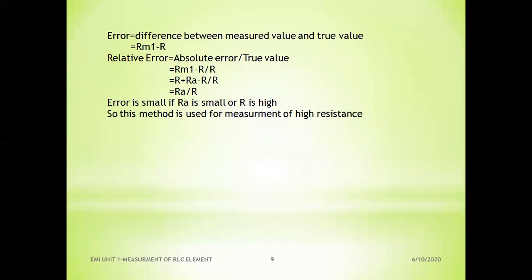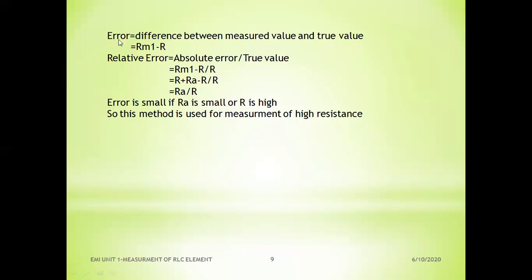This error is nothing but the difference between the measured value and the true value. That is how we calculate the error: the measured value Rm1 minus the true value R. Now when we find the relative error, it is the absolute error divided by the true value.